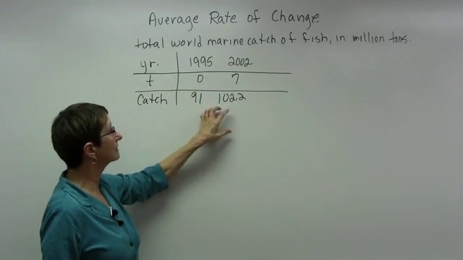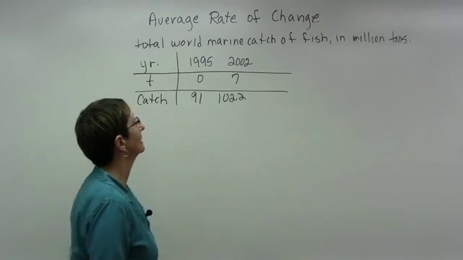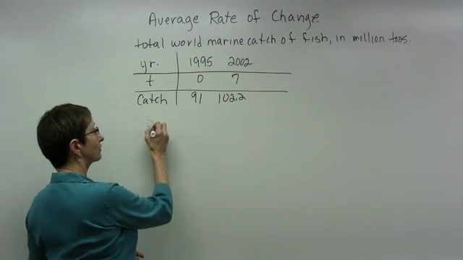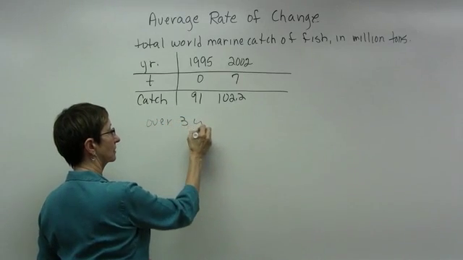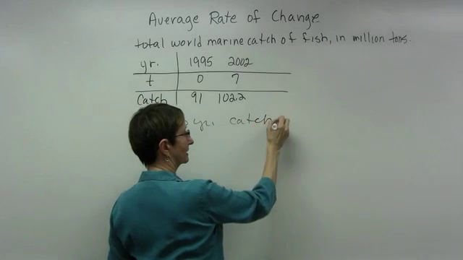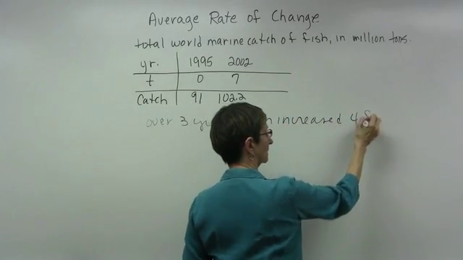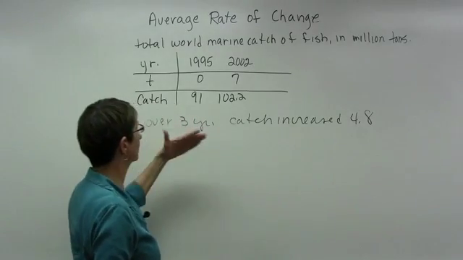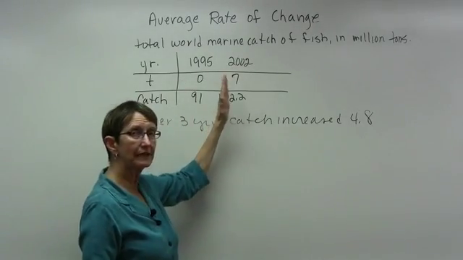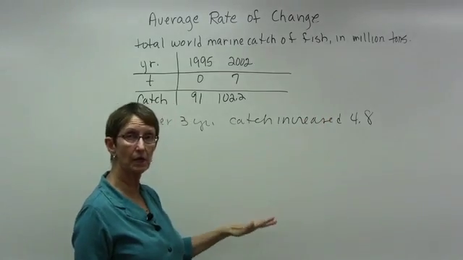So when I think about the next bit of data, they said that over the next 3 years, the catch increased 4.8 million tons. So from 2002, over the next 3 years, there was an increase of 4.8 million tons.